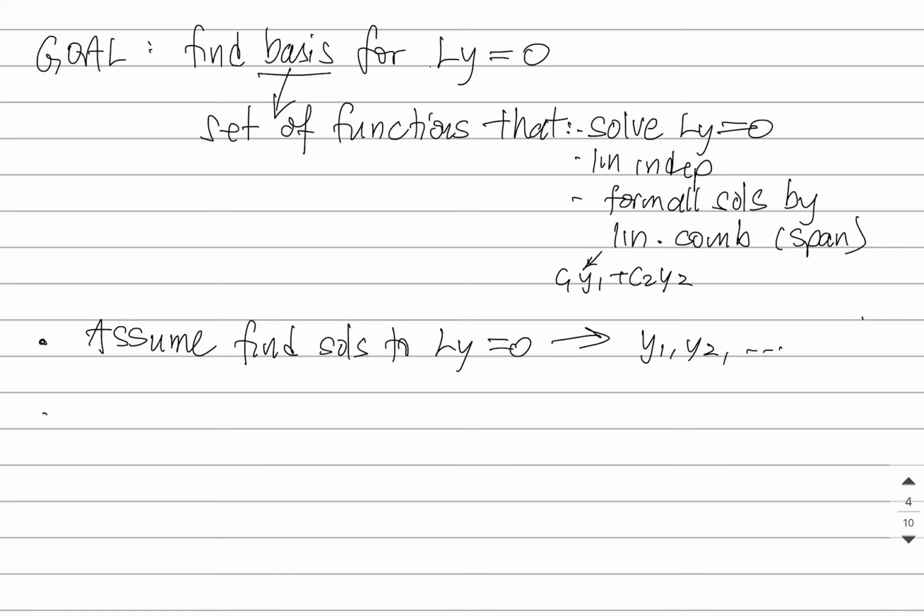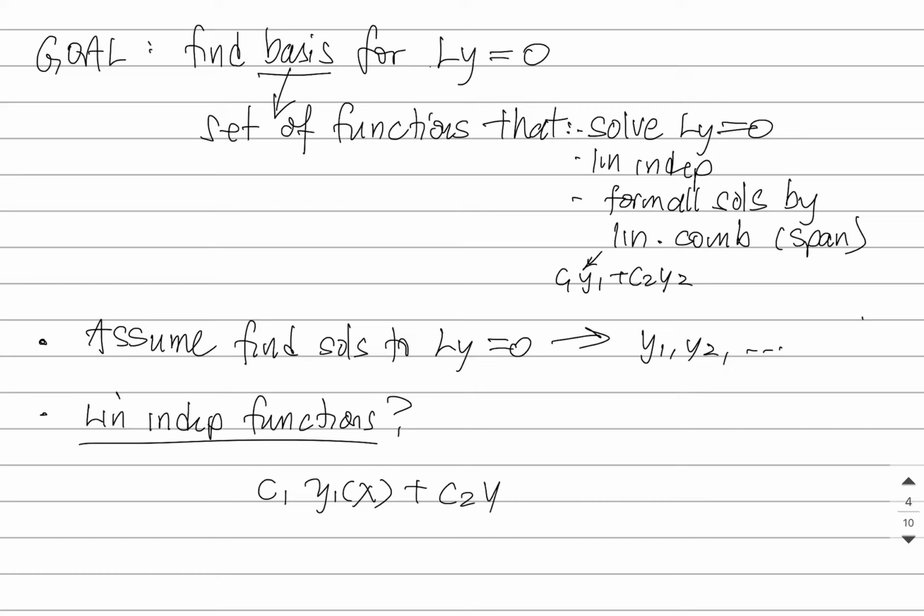How can I have linearly independent functions? What does that mean? If I have some functions, let's say c1y1(x), c2y2(x), I'm curious about whether or not these things add up to 0.